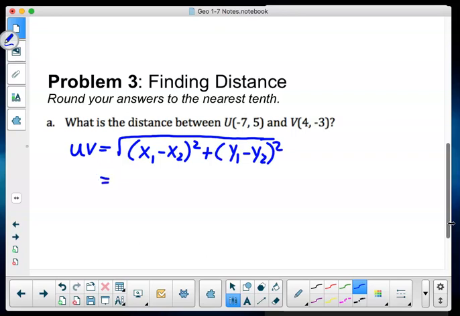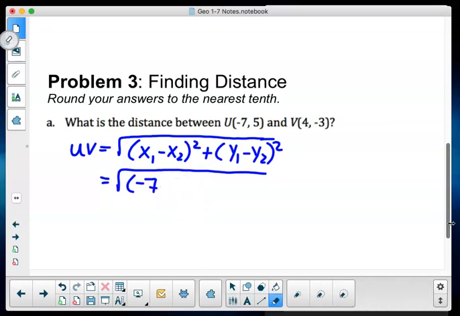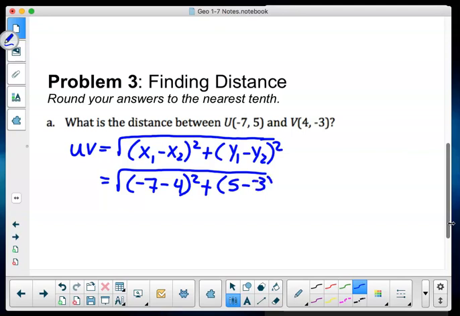Now, keeping in mind, when I'm doing this, I got the difference of my x's from the 2 points. I want to subtract squared. And the difference of my y's, 5 minus a negative 3. Now, when I get to here, I've got negative 11 squared. So I'm just going to say it's 121. So that's what 11 squared is.